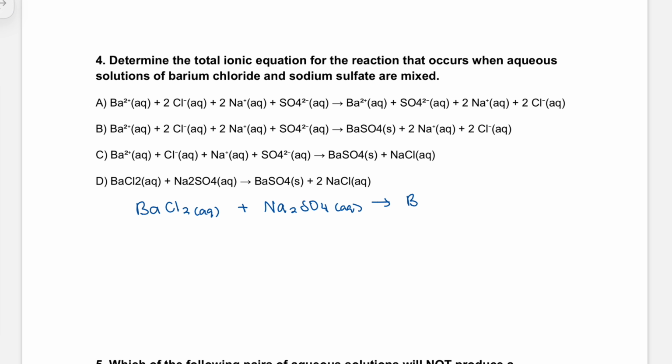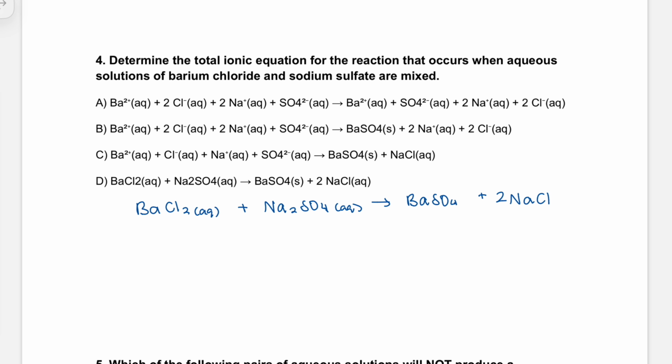So we will have barium sulfate and sodium chloride. And let's balance the equation by adding a 2 in front of the sodium chloride. I haven't written the states yet because we need to see first which ones are soluble.